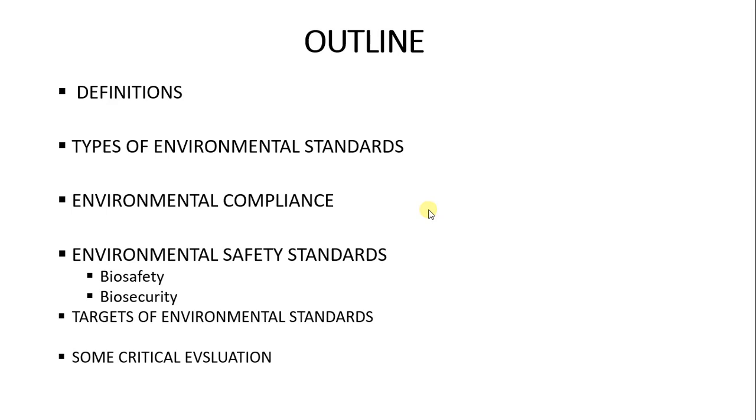Not only human beings, but also the environment is protected from hazard, from pollution, because if harmful substances or pollutants are released into the environment, all the biotic components of the environment will be affected. So it's not only for human beings, it's also for the environment.